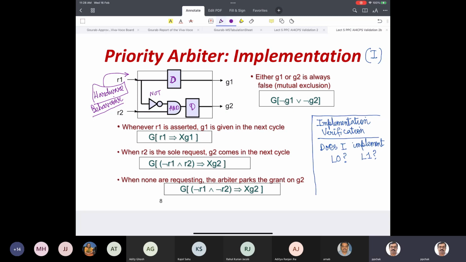Take the case when R1 and R2 are both 0. Then G1 and G2 will both be 0. Correct. So which one is violated? This one is violated by the implementation.